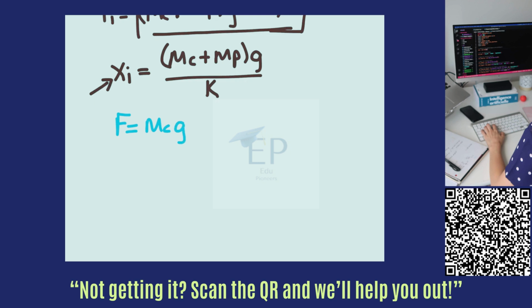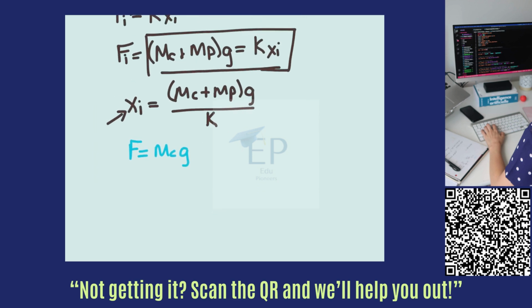And we can again make that equal to k times our displacement, although this will be our final displacement. So this is our final force, and it's going to be our final displacement. And solving for x_f, we get x_f equals the mass of the car times gravity divided by k.